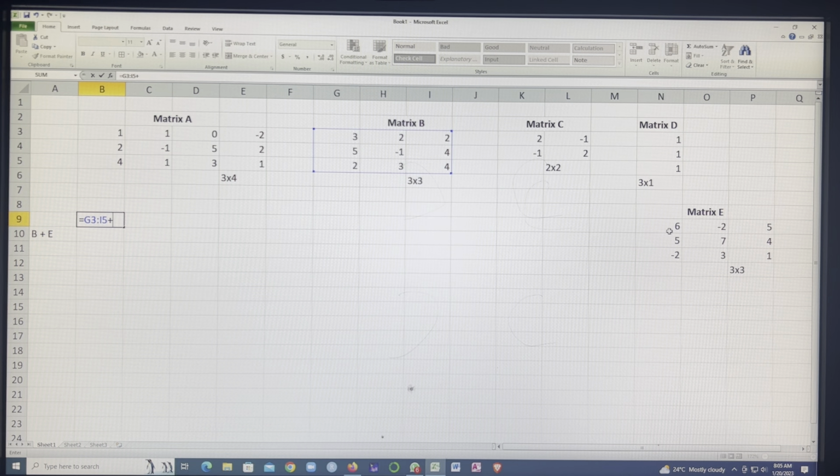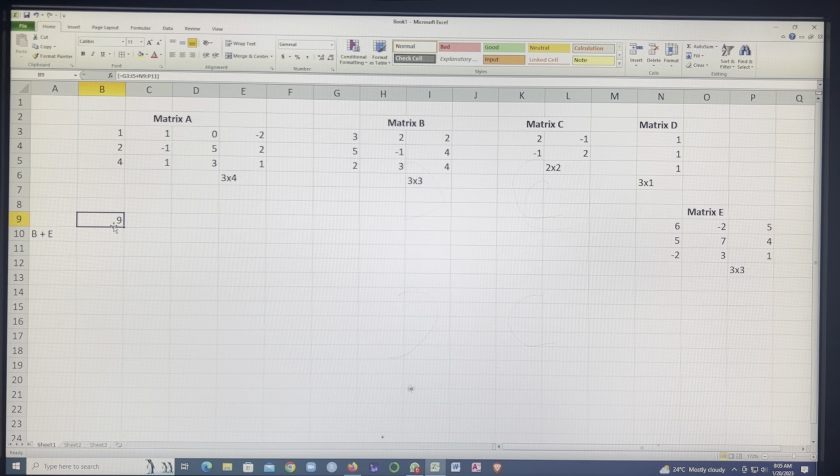Then I come for this matrix as well. So the matrices that you want to add, those are the ones that you highlight. If I were adding 5, 6, 7 matrices, I highlight each of them individually. So I highlighted the two of them. Then I press Control, Shift at the same time, and I press the Enter button.